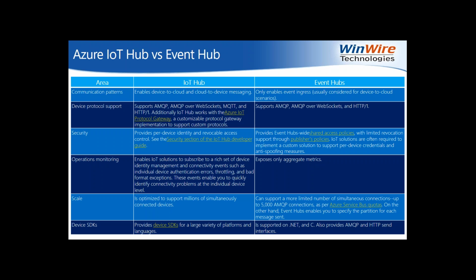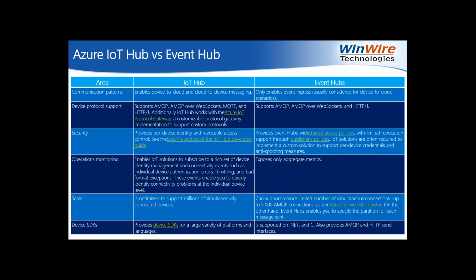So you can get aggregated metrics only on Event Hubs. Scaling, again, it's possible on IoT Hub, so you can connect to like millions of devices simultaneously. But with Event Hubs, you have only like maybe 5,000 AMQP connections as per the Azure Service Bus quotas. So it depends on that.